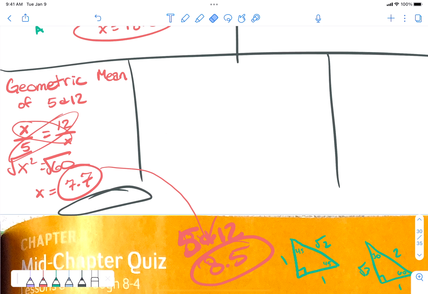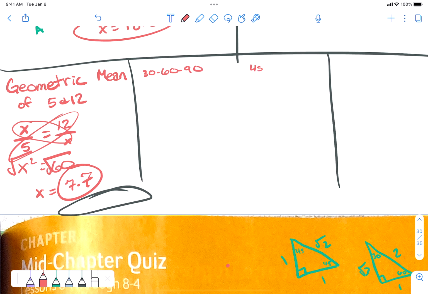All right, in this box over here, I've got to erase some stuff that we don't need. In this box, let's put a 30, 60, 90 triangle and a 45, 45, 90 triangle in here. And we're going to label these guys like that. There's my 30, 60, 90, 45, 45, 90.